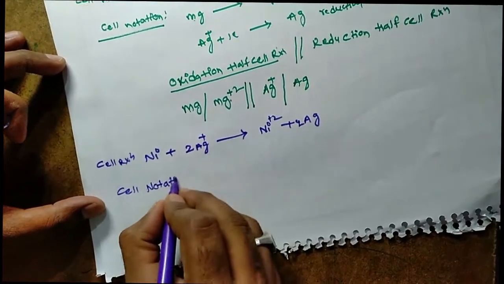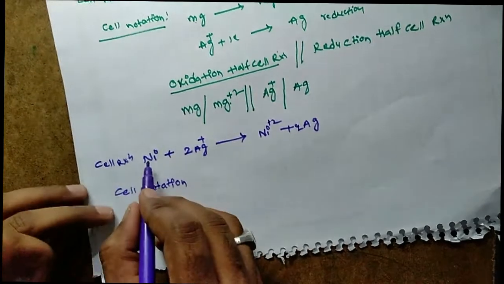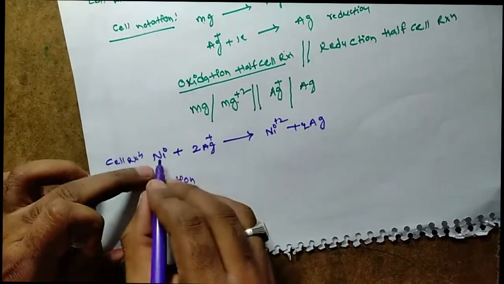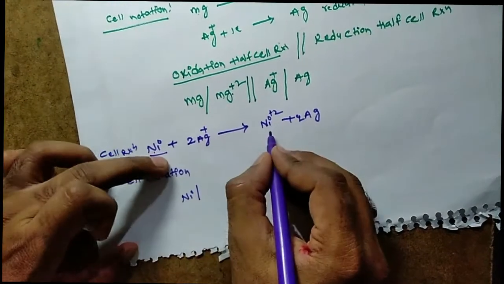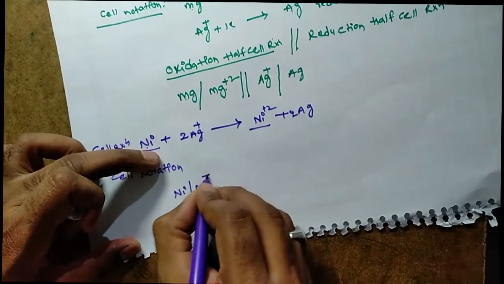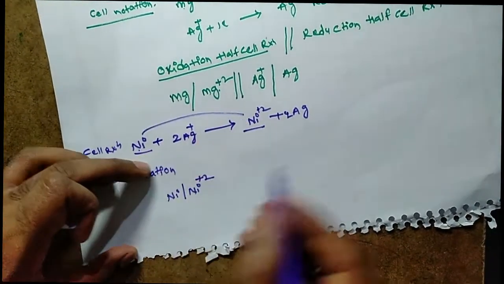First, what do you write? So here nickel, then after that a vertical line. Now what do you write next? Nickel loses electrons, that's why forming Ni2+. The oxidation reaction is over.